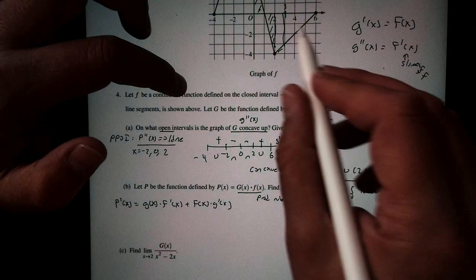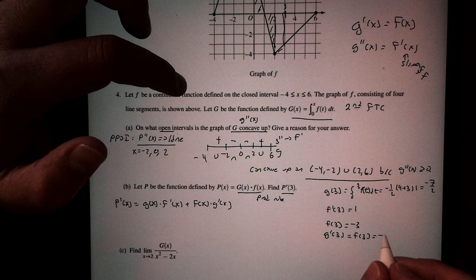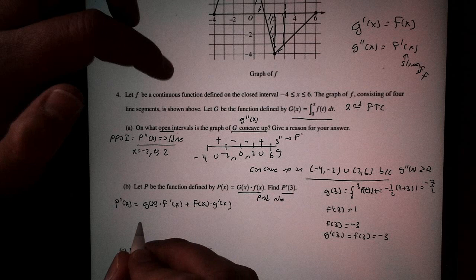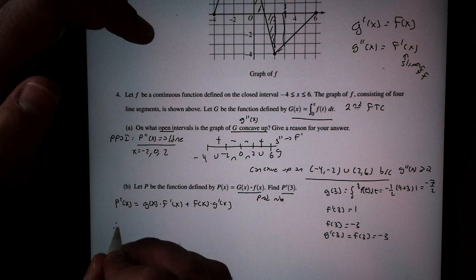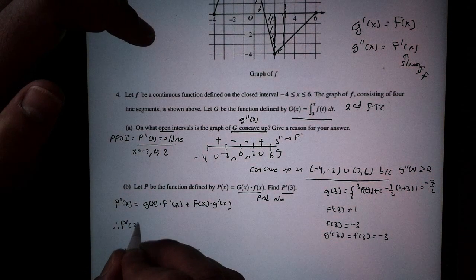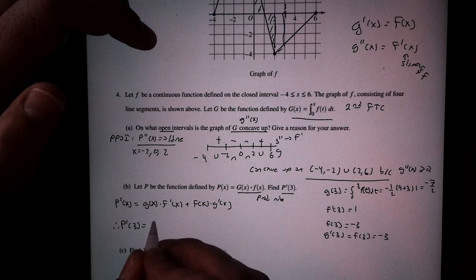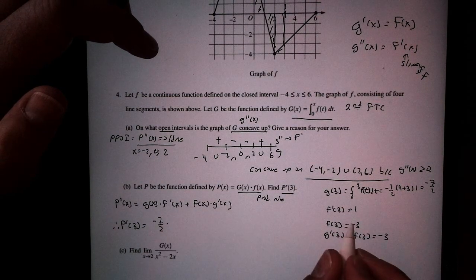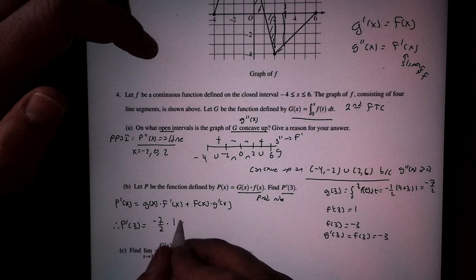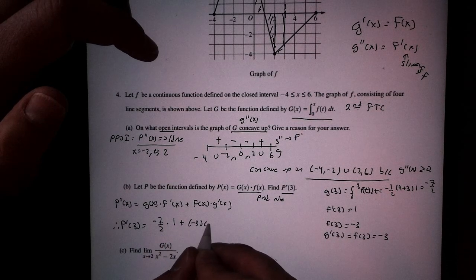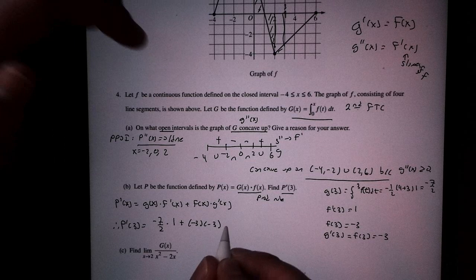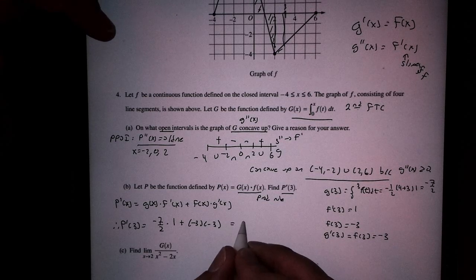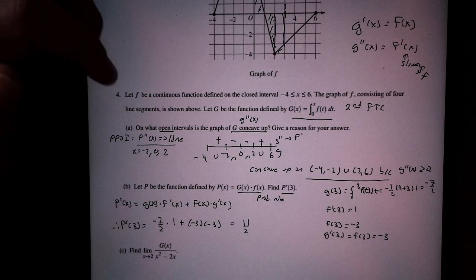Our rule: g prime is f, so g prime of 3 is also -3. And I can just plug all those in. Therefore, p prime of 3 is equal to g of 3, which we said was -7/2, times f prime of 3, which we said was 1, plus -3 times -3. You can leave it like this, but if you simplify it, I believe you get 11/2.